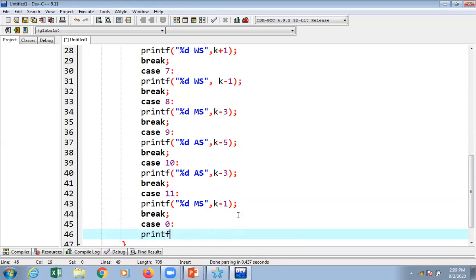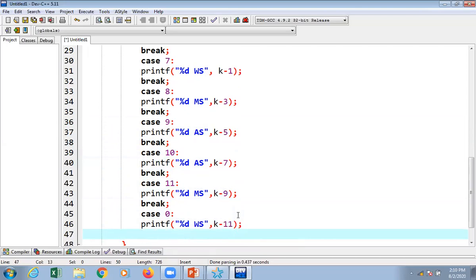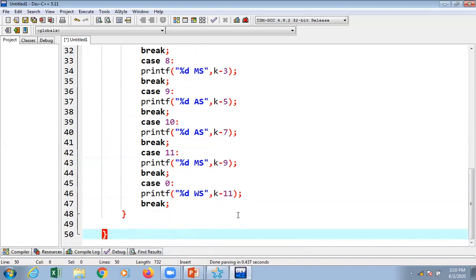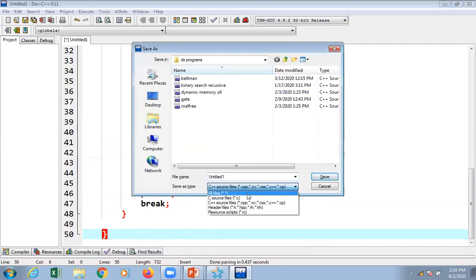So this will be percentage d, again a window seat, and k minus 11. So I'll be saving this C program.